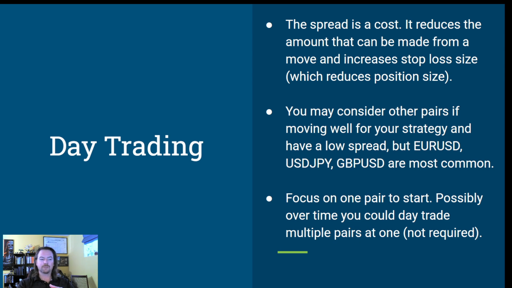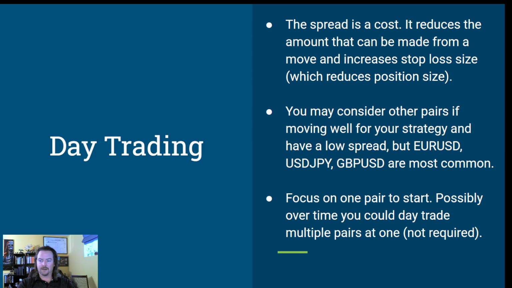So that person with the low spread could potentially make more on a move than someone who has a larger spread. Not only because of position size, they can take a larger position size, but they can also potentially capture more of that move. They could capture that first pip of movement even and be onside if they have zero spread, whereas someone who has a 1 pip spread would now be showing 0, even though the price moved up a pip, because they had to pay that pip to get in. So it's definitely something worth considering.